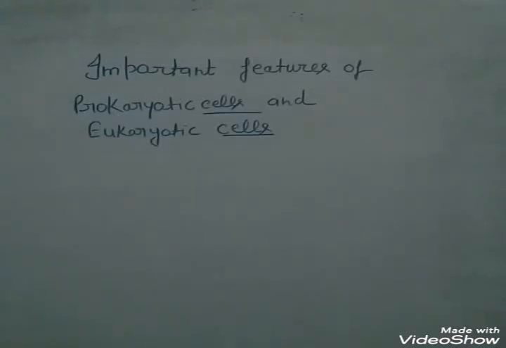Here we start some important features of prokaryotic cells and eukaryotic cells. Pause this table and see some features of prokaryotic and eukaryotic cells. In the first point, prokaryotic cells have absence of a true nucleus.